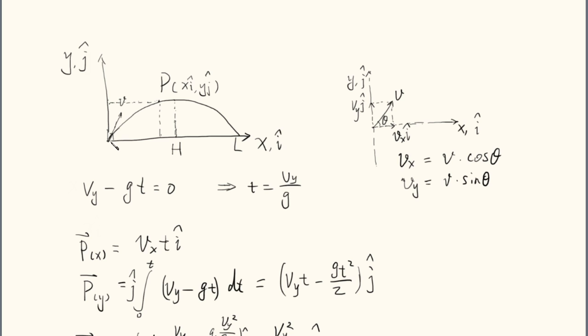And this is the parabolic motion, and the starting velocity of the object on the vertical direction is Vy, and when it arrives at the highest point, the velocity on the vertical direction will be 0.